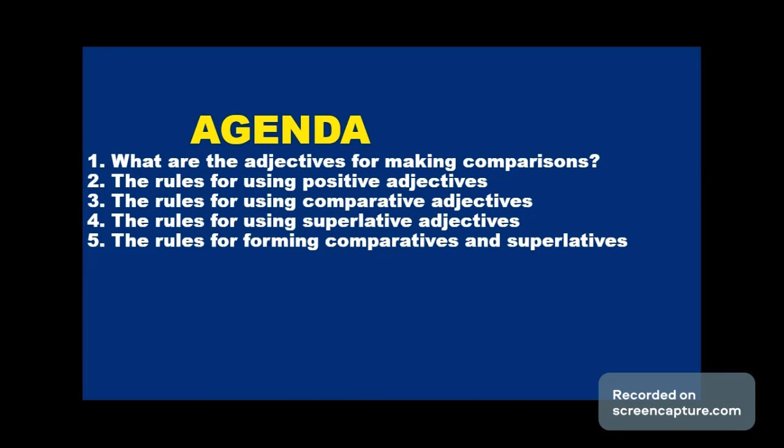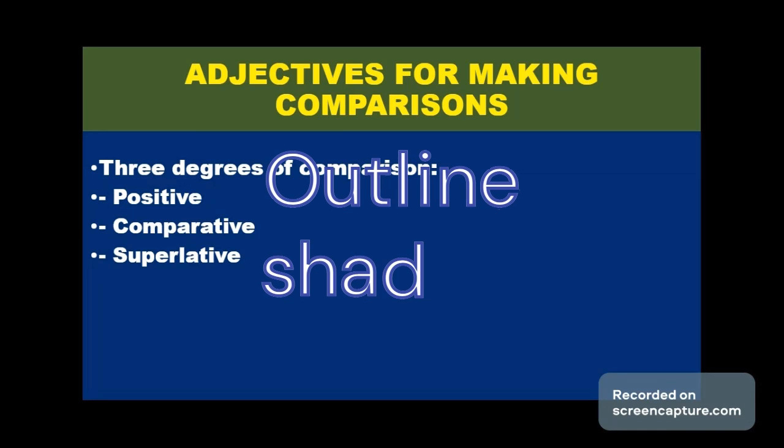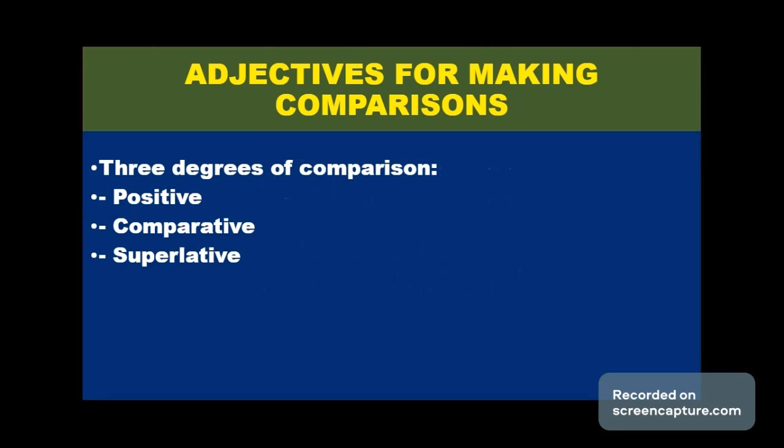Now let's begin to look at this. Adjectives for making comparisons. There are 3 degrees of comparison. But you need to first understand that adjectives are generally used to describe people or things. And then many adjectives are used to compare people or things as well.